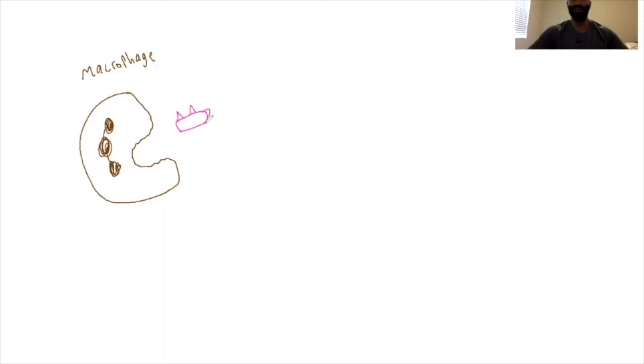It is not going to use passive diffusion. Instead, it is going to go through a process called endocytosis. And we call this vesicular mediated transport. And there's a couple of examples of it.